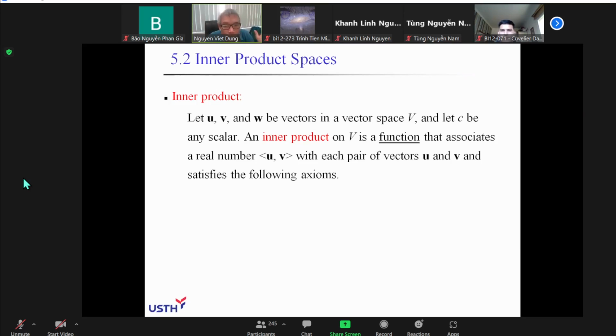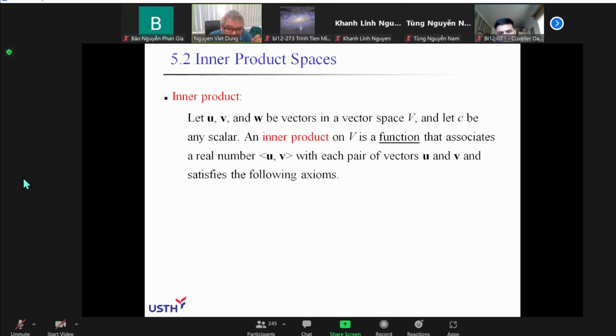So what is the inner product? Suppose that we are given a vector space V. Let u, v, and w denote vectors of V, and suppose that c denotes any scalar.